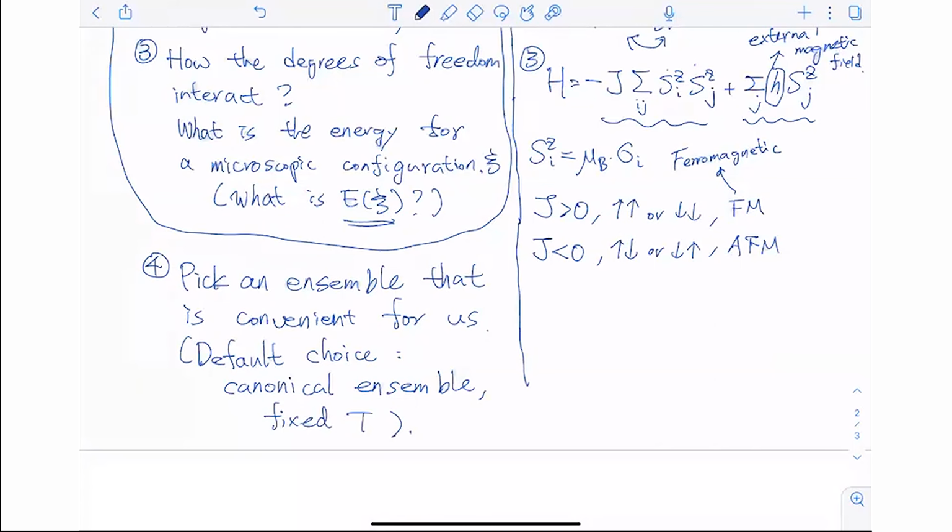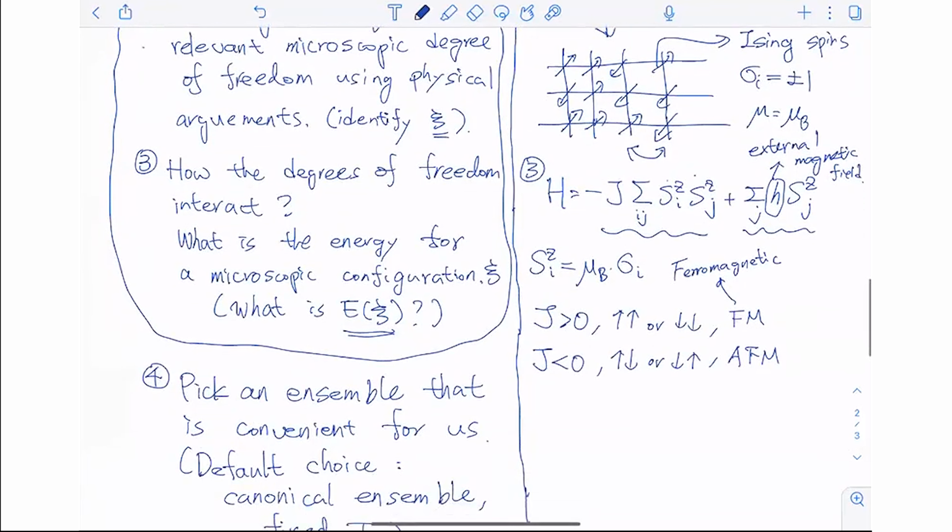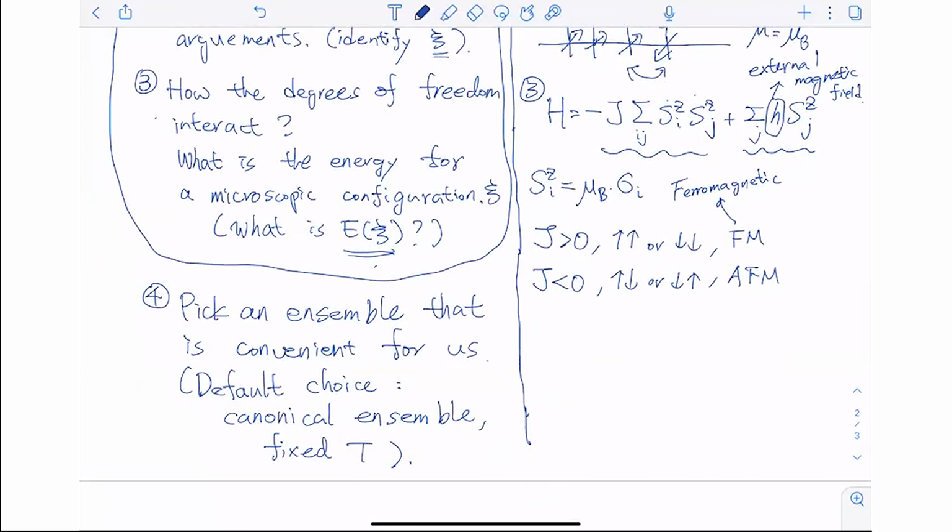And here, because at step 2 and step 3, we already know what is the corresponding energy, we know the probability for the microscopic configuration in the canonical ensemble is described by this expression.